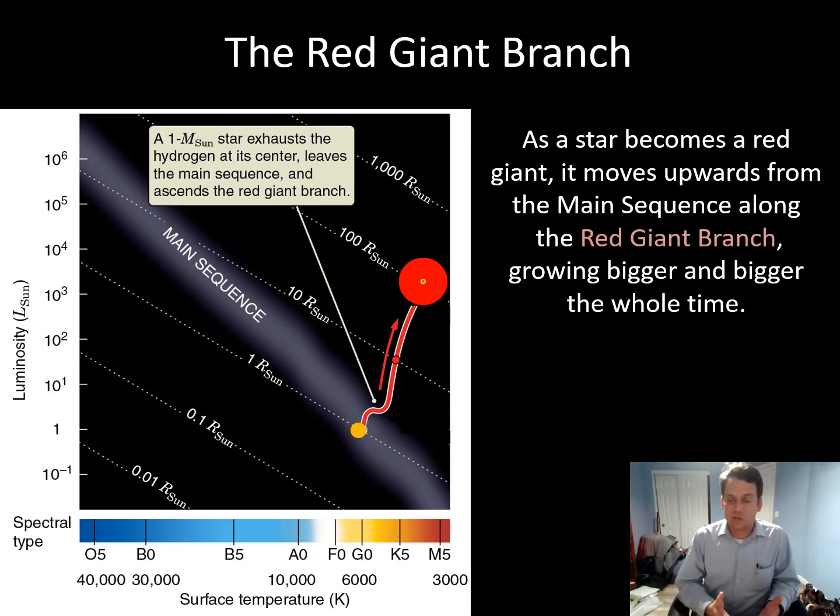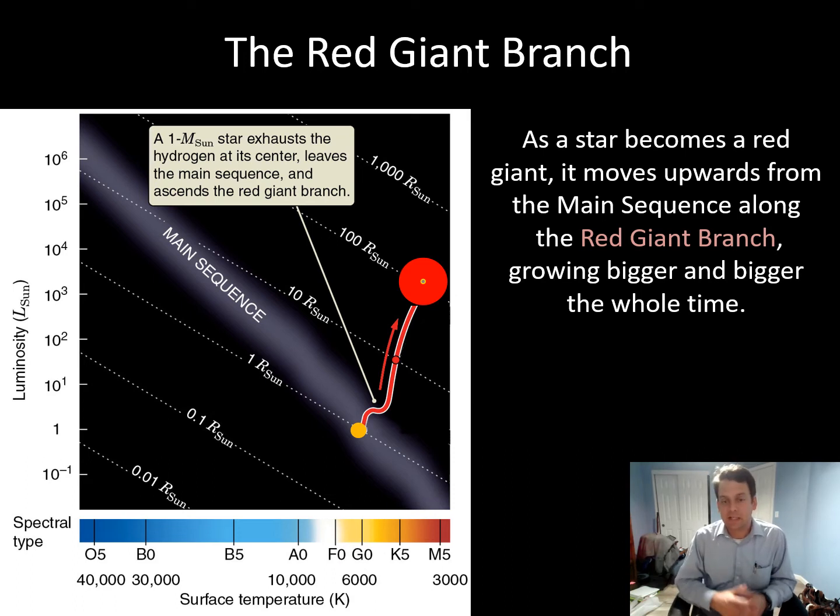It then sits there on the main sequence for however many billions of years it may last. But once it exhausts the nuclear fuel in the core, the core collapses. The star begins to balloon out, not all at once, though it happens much more rapidly than anything on the main sequence.